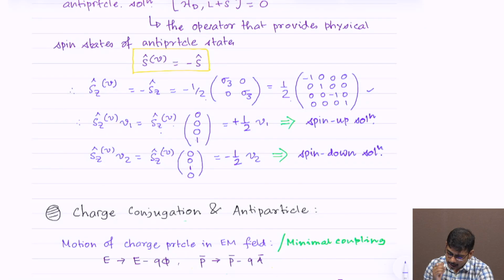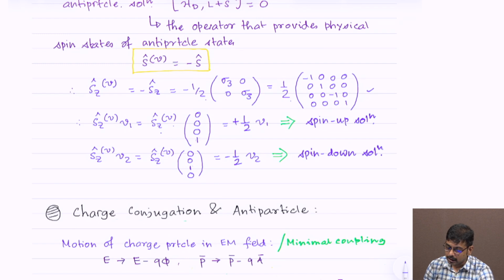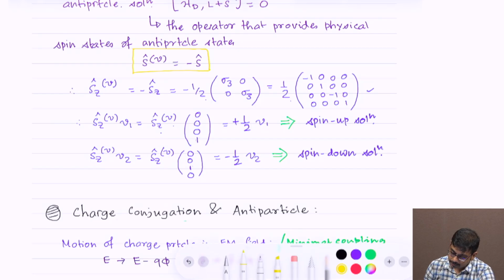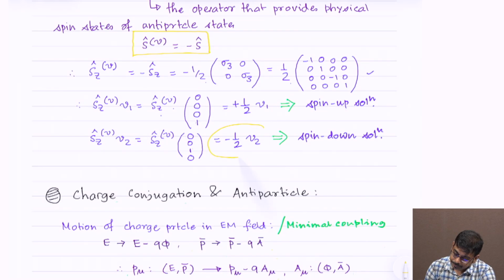With this new definition, that the spin operator acting on the antiparticle spinors must also have an extrinsic minus sign in front of it, 0 0 0 1, which for the particle-like case was giving the spin down negative energy solution, is actually the spin up solution for the antiparticle. Similarly, Sz acting on V2 gives you minus half V2. So, this is giving you the spin down solution.